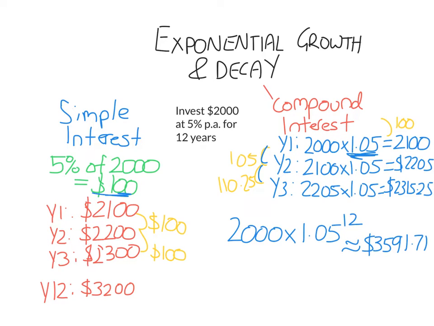So the formula we use for compound interest is A equals P, so that was our 2000 principal, what we started with, times 1 plus R over 100. So R is the rate, 5%. So in our example, 1 plus 5 over 100 is 1.05. That's because if you want to increase by R%, it's the same as finding 100 plus R%.